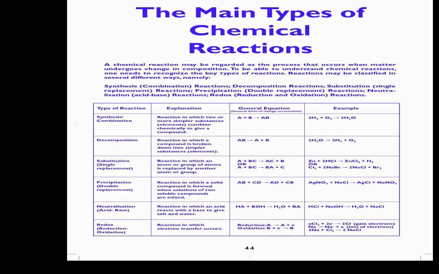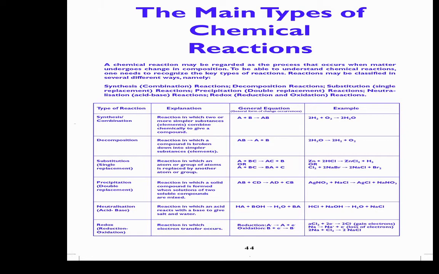Now look here: a chemical reaction may be regarded as the process that occurs when matter undergoes change in composition. To understand chemical reactions, one needs to recognize the key types of reactions.